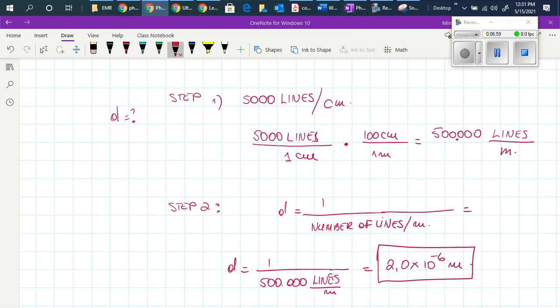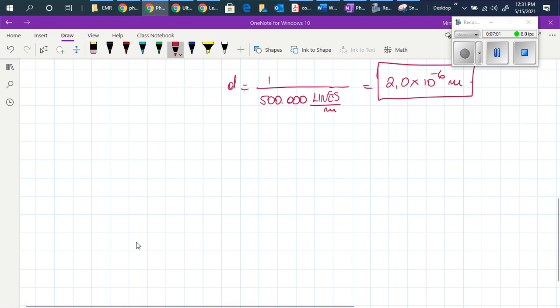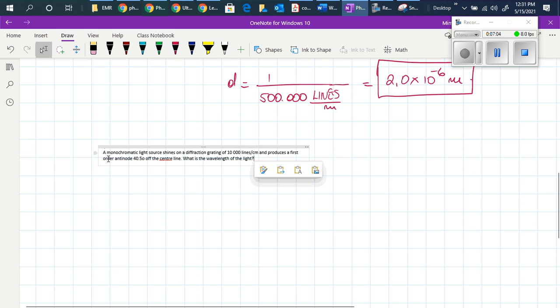If we have a question in which the diffraction grating is given, we still use the same formulas.